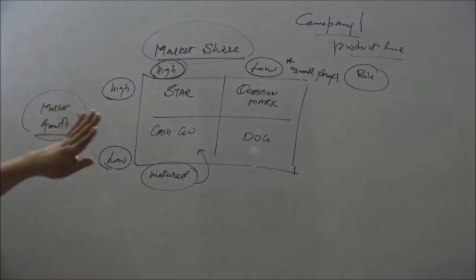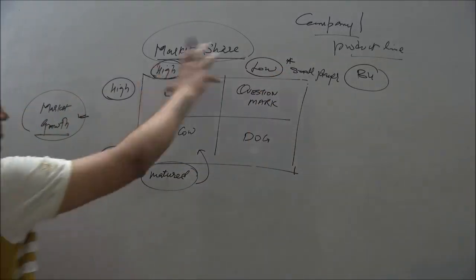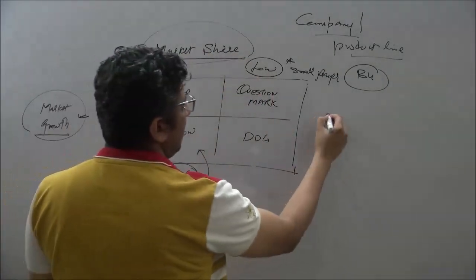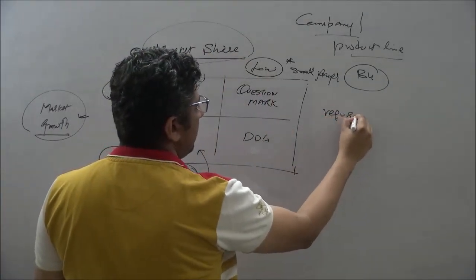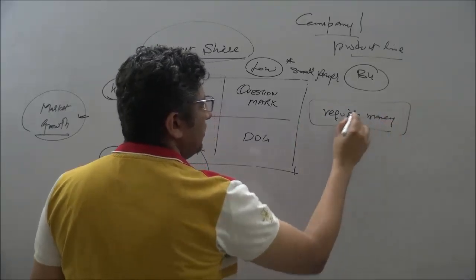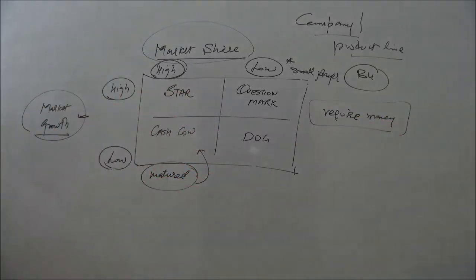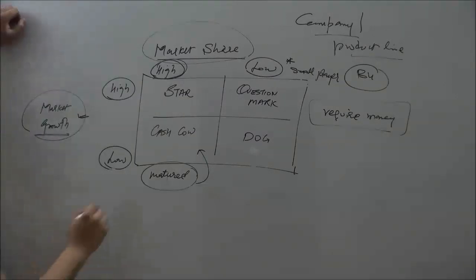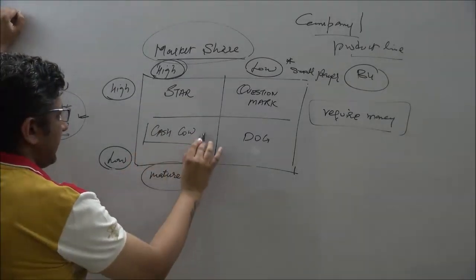The point is that all these businesses require money. You have to operate your businesses, and you need money to operate those. The easiest among these categories is this one, something referred to as a cash cow.